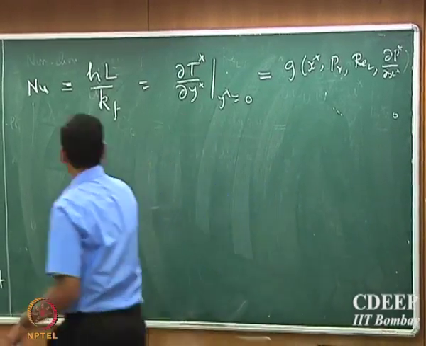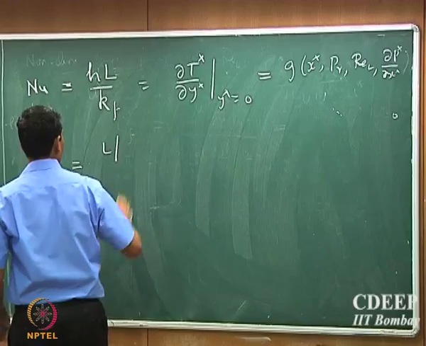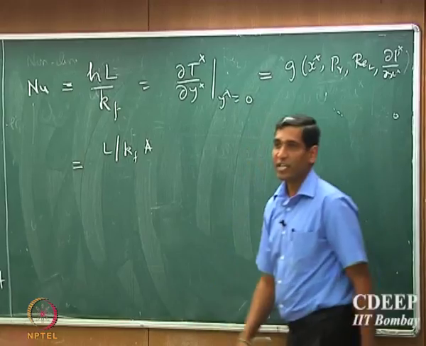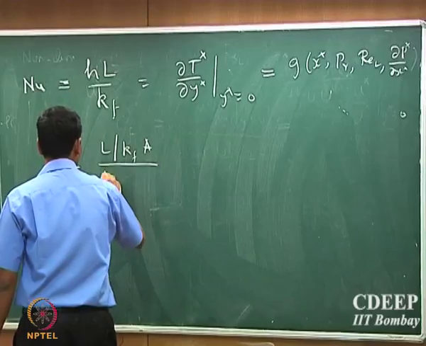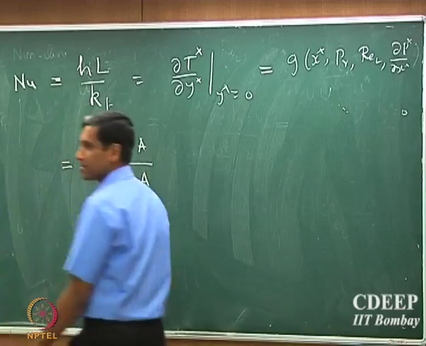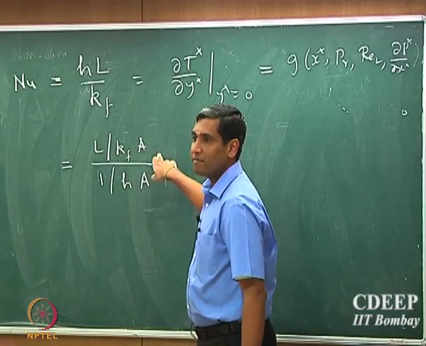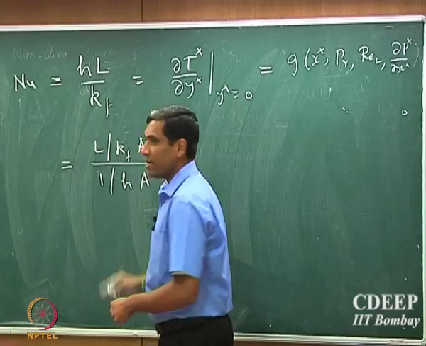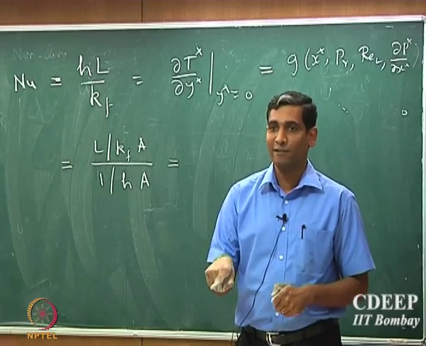This is (L by kf A), where A is the local area of heat transport, divided by (1 by hA). So you can rewrite it as L by kfA divided by 1 by hA. What is L by kfA? That is the resistance for conduction in the fluid.